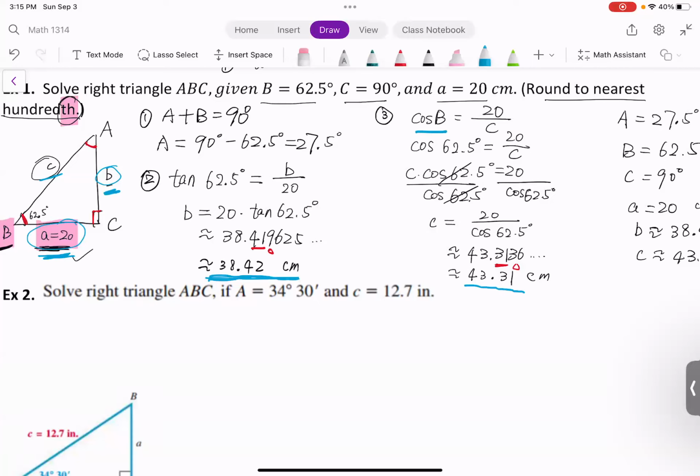You can use Pythagorean, but if it asks you for a very accurate answer, I prefer you to have the expression like this. So find the C from the given information, angle B and the A. Then you can find a more accurate solution.